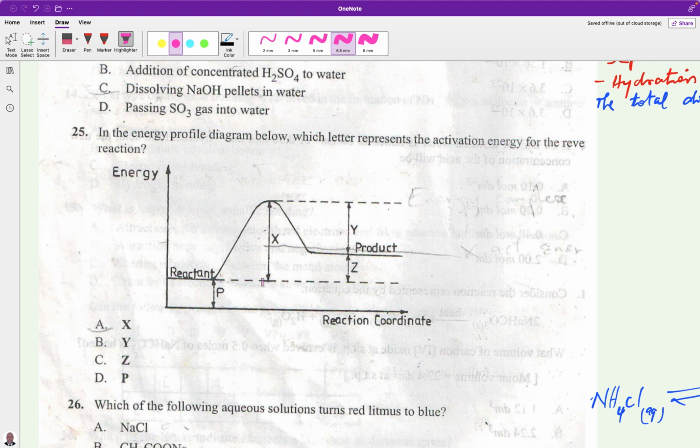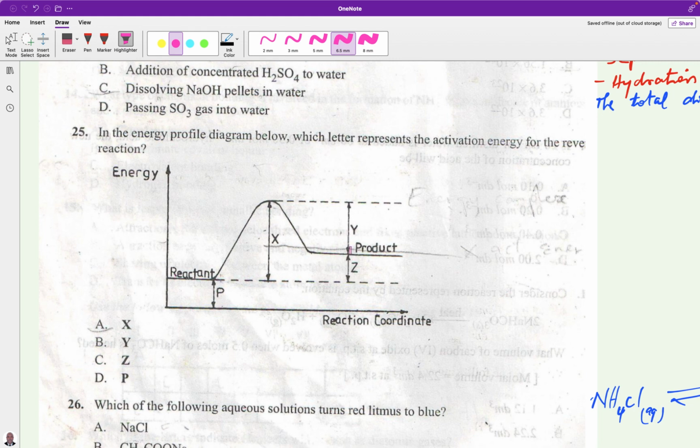So now, for the reverse reaction, the products here are going to be the reactants, and the reactants here will be the product. The reverse reaction now is going to start from the right to the left. So this will be our reactant and this will be our product. In that case, the reaction will lead from here to the activated complex, where the bonds are being formed.